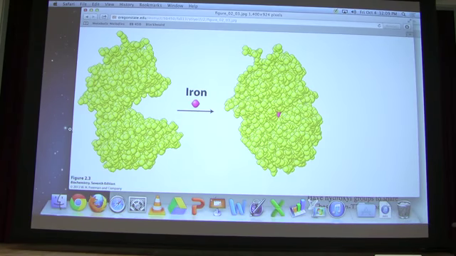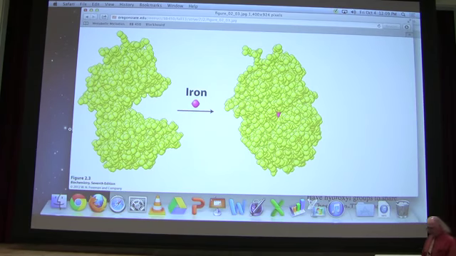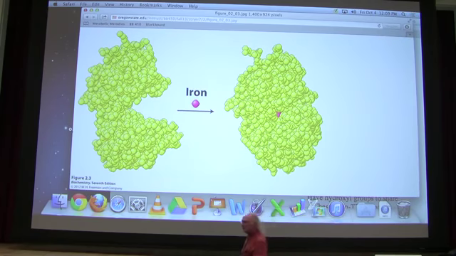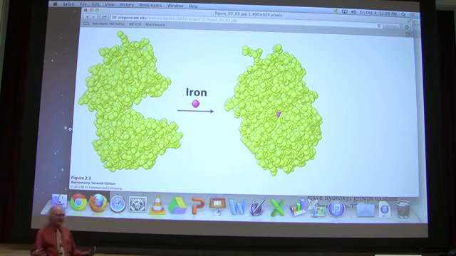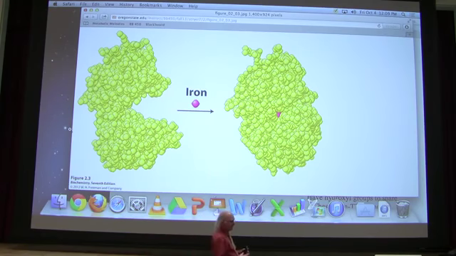The only difference is that the protein on the right has bound to the iron, and as a result of binding onto that iron, the protein's shape changed. The protein couldn't do that if it wasn't flexible. And flexibility turns out to be absolutely essential for protein function. Proteins are not rigid things. That'll become very, very obvious when we talk about enzymes in a bit. Enzymes do magical things, and the magic comes about because enzymes are flexible.